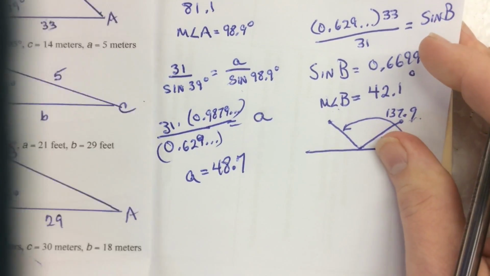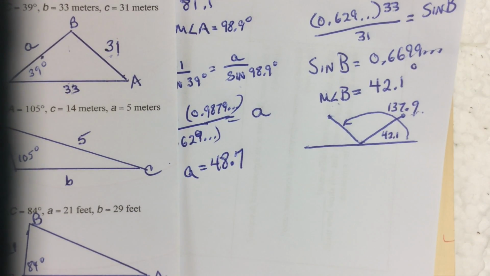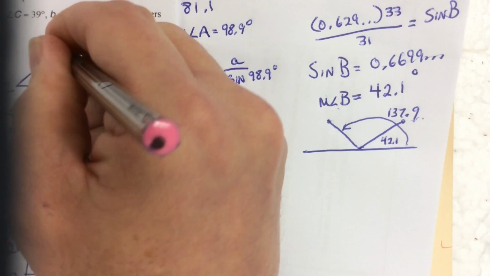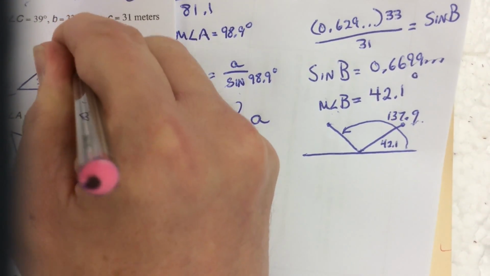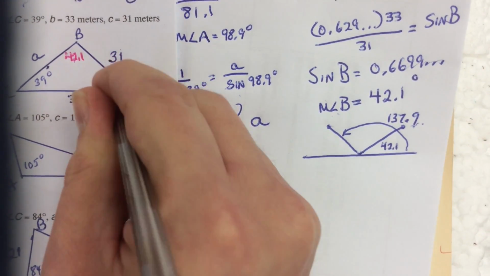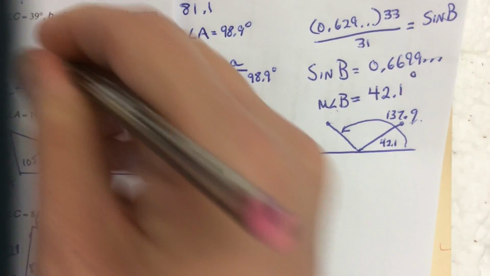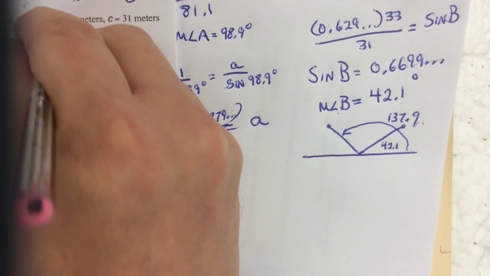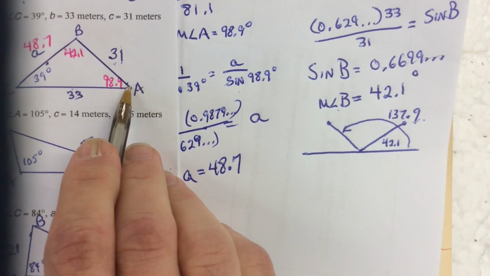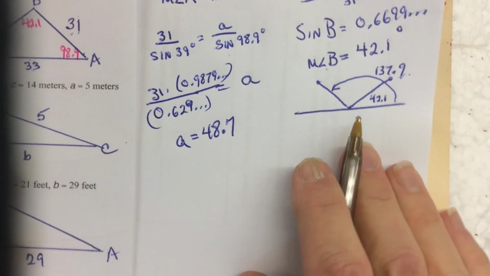Now, does all of that make sense? Well, let's take a look. The measure of angle B would be 42.1. The measure of angle A would be 98.9. And then the side opposite would be 48.7, and that's reasonable too. The longest side would be opposite the longest angle.